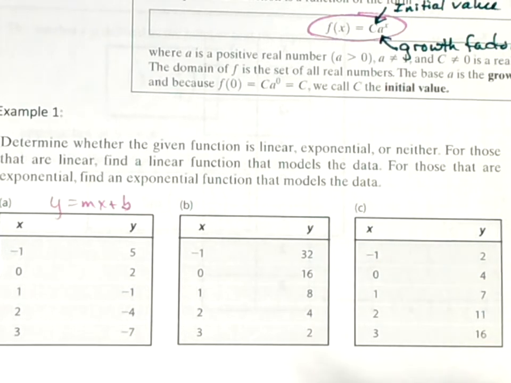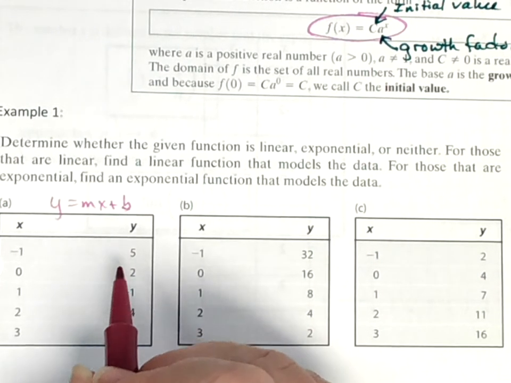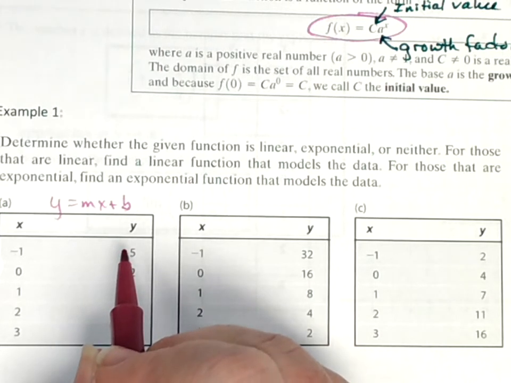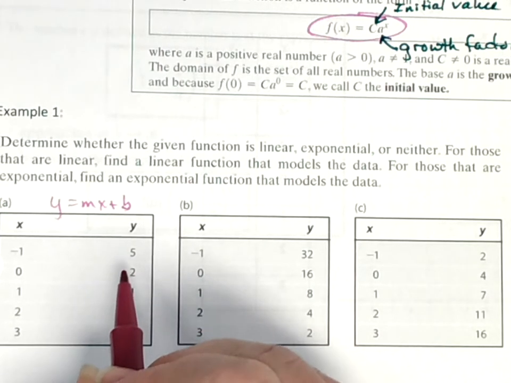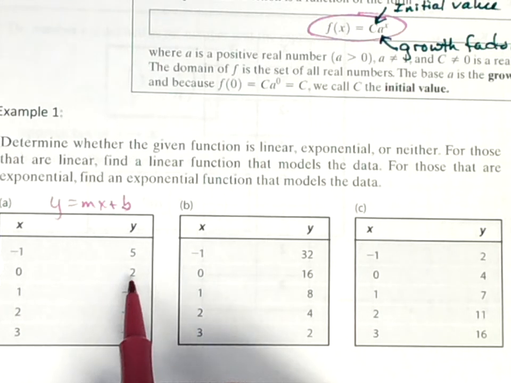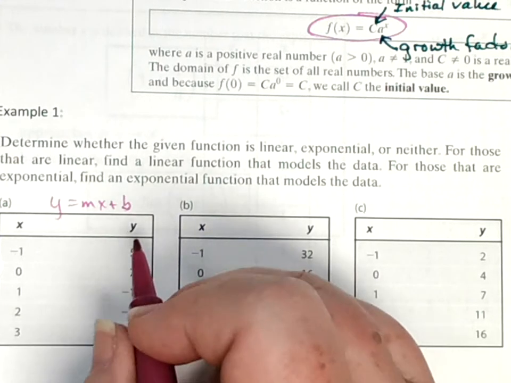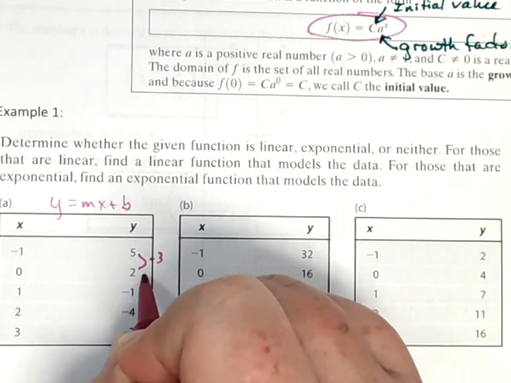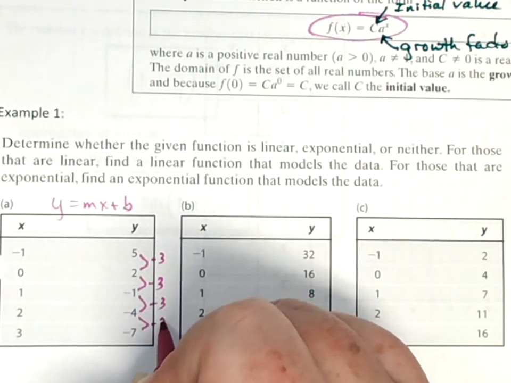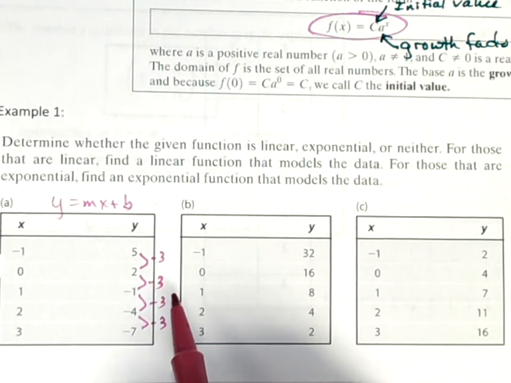Well, how do I know what I'm looking at? Well, looking at this table, see if you can recognize that there is a change from 5 to 2. How can I get from 5 to 2? Well, I could multiply by 2/5, but if I multiplied 2 times 2/5, it's not going to give me -1. Or I can simply subtract 3 over and over and over again. That's called a constant rate of change.